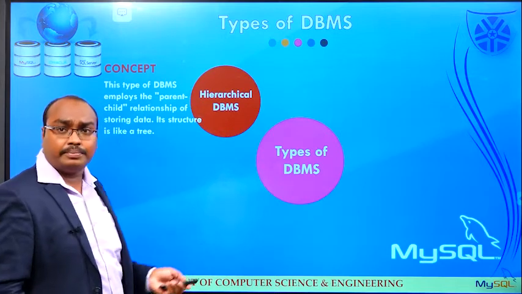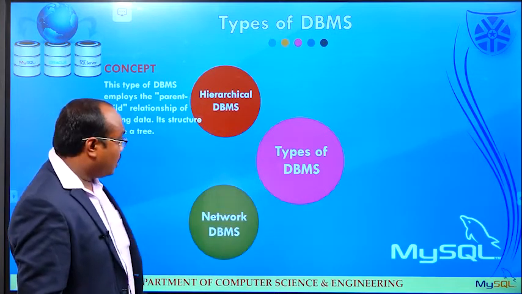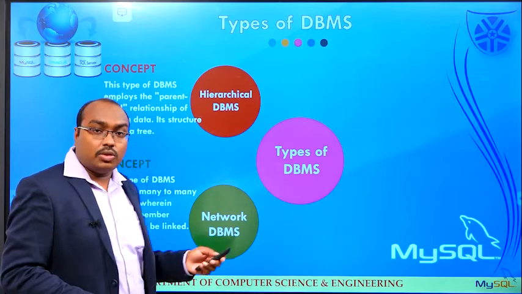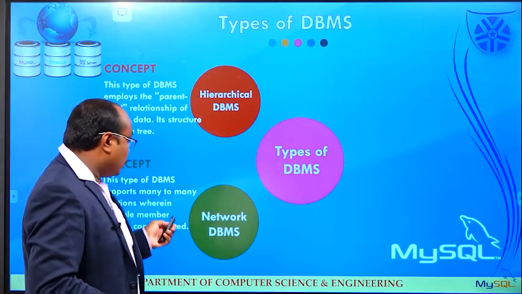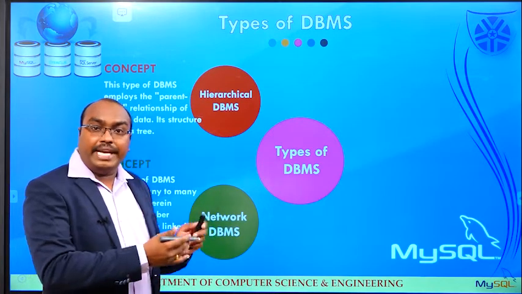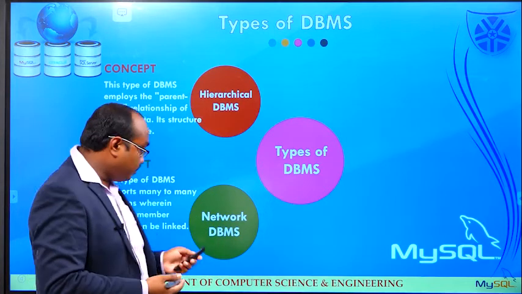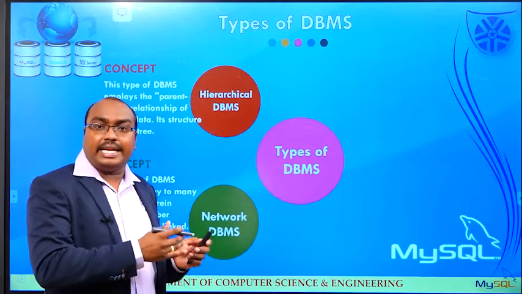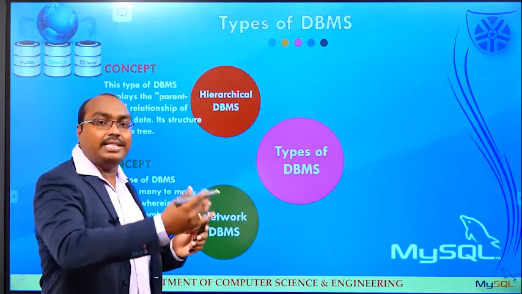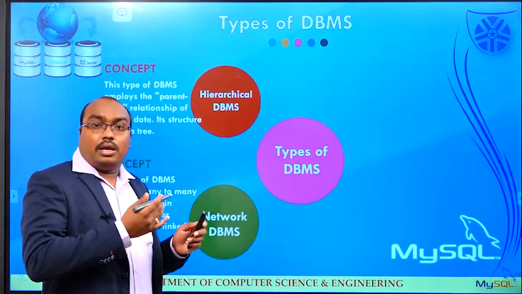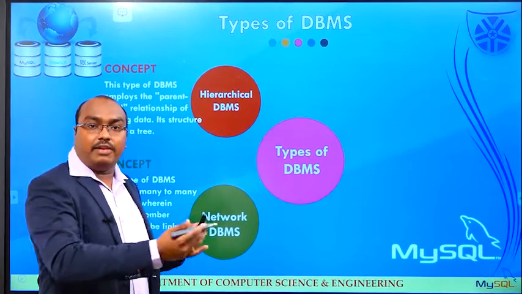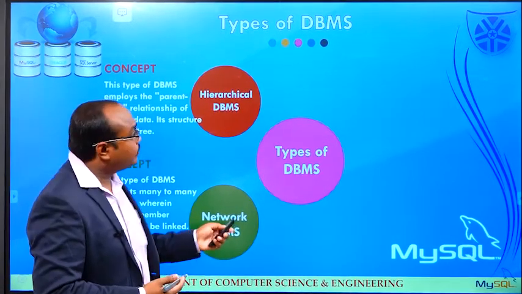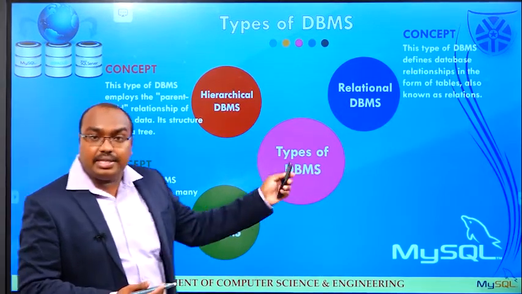And the next one, network DBMS. In this network DBMS, the data should be kept in a many-to-many format. Every node is connected with many other nodes. So every node has multiple nodes. And the next one, relational DBMS.